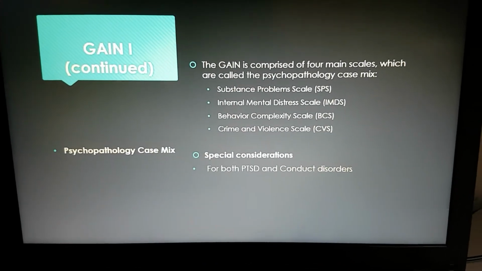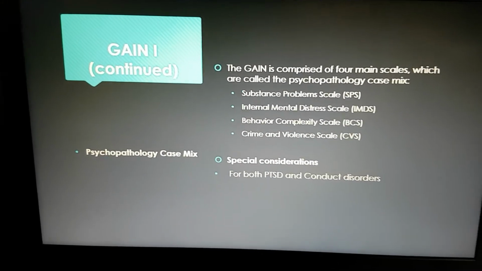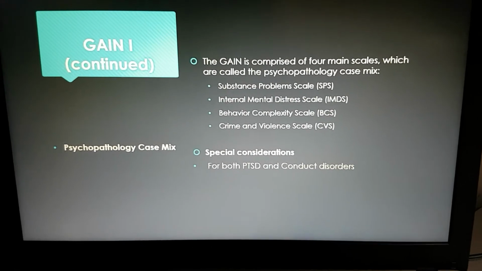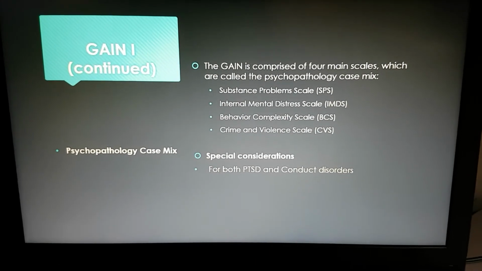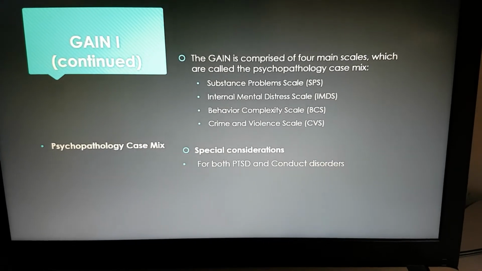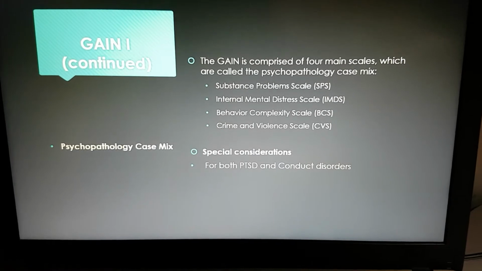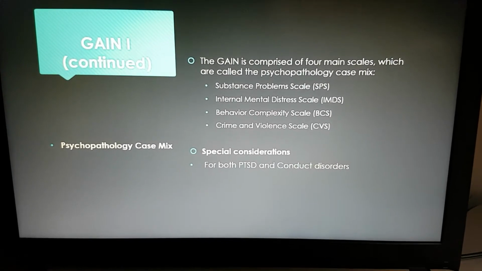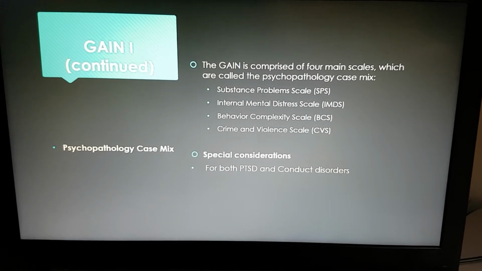So the next part of the GAIN, and I will go over this all after and bring it all in together so you can actually get a nice picture of what it does. The psychopathology case mix. The GAIN is comprised of 4 main scales, which are called psychopathology case mixes. This includes the substance problem scale, the internal mental distress scale, the behavior complexity scale, and the crime and violence scale.